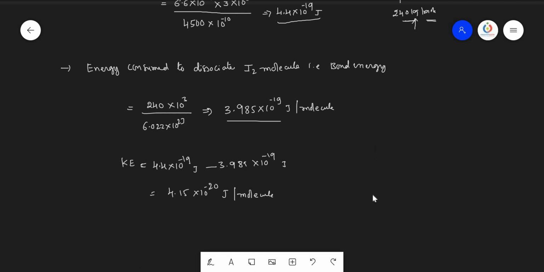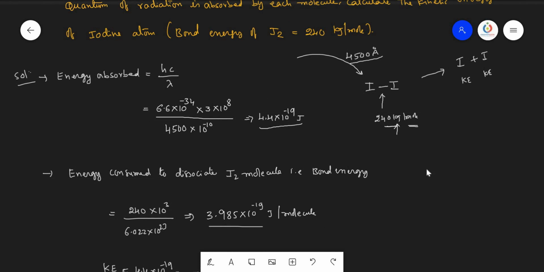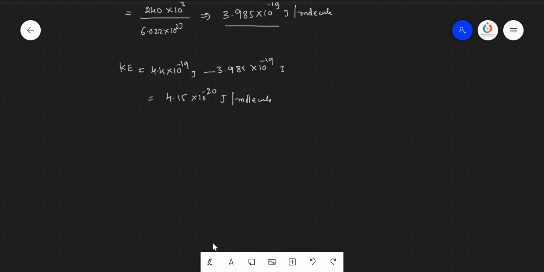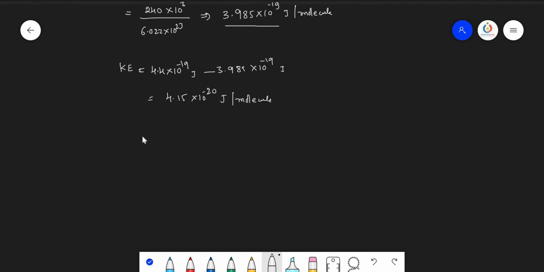But here how many iodine atoms are coming? 2 atoms. So for 2 atoms this is the energy, and for 1 atom how much energy? So the kinetic energy for each atom is equal to 4.15 into 10 power minus 20 divided by 2.